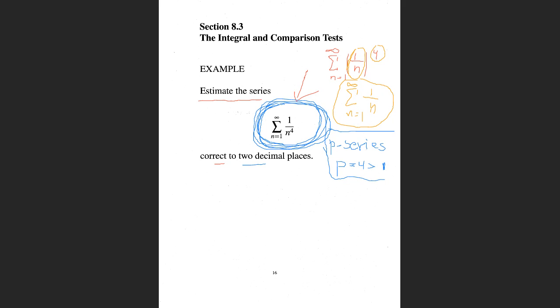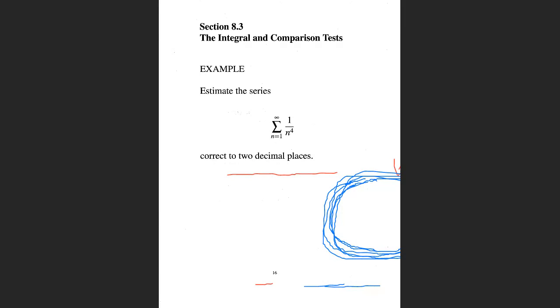The question is, how many terms do I add? 10 terms? 1,000 terms? 1,000,000 terms? How many terms do I need so that the estimate is correct to 2 decimal places? Question? Yes, Marcella.